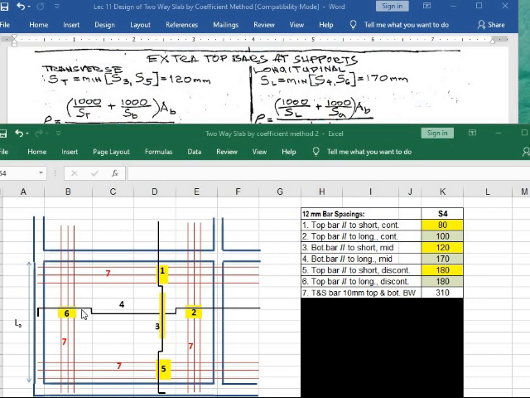Now, going back to longitudinal, since bar number 2 has a dense spacing, the spacing we will use for the longitudinal bars is S sub L, which is 170. Compare that to 100. That means the spacing is insufficient. So we will now add an extra bar at bar number 2 and at bar number 1.